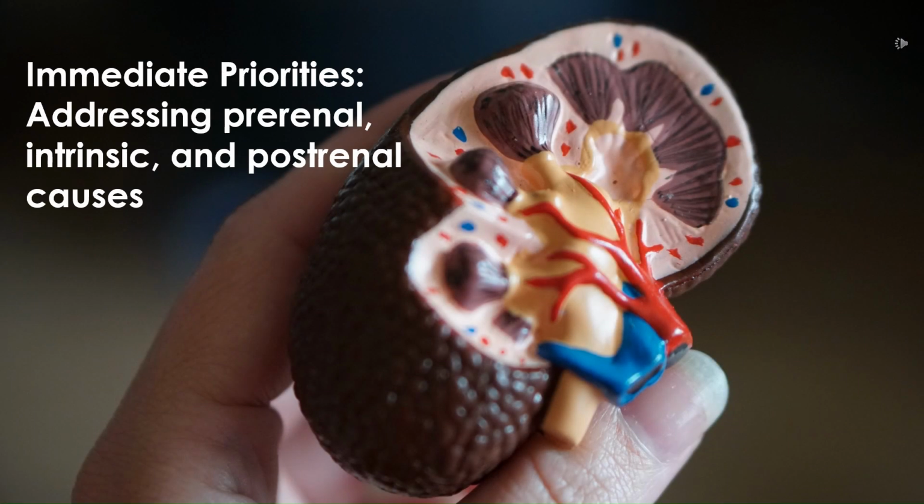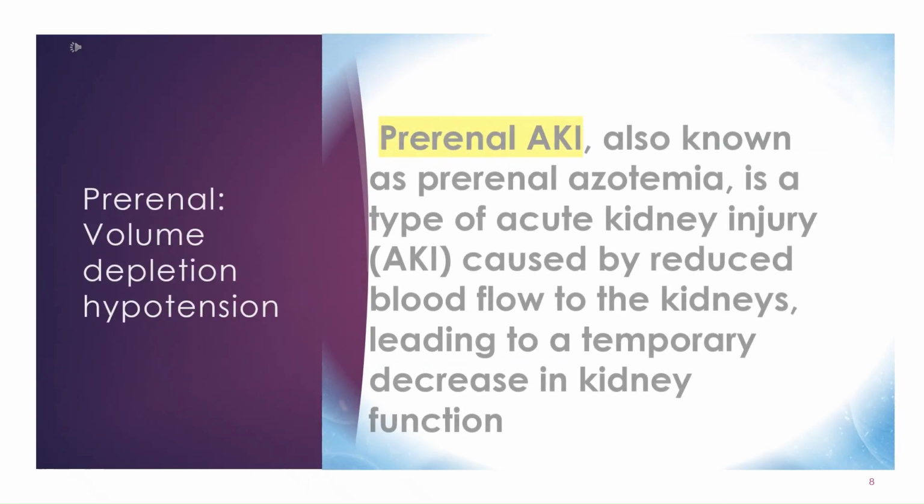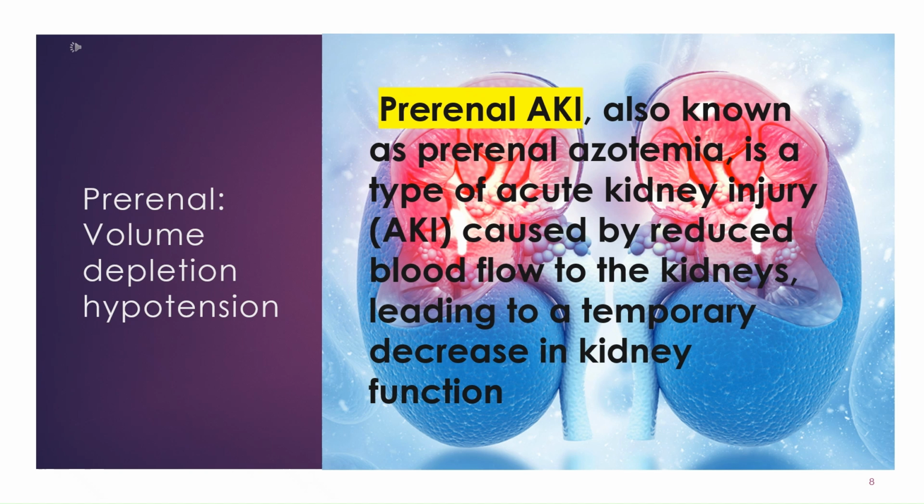Let's discuss the next guideline, which is the immediate priorities, addressing pre-renal, intrinsic, and post-renal causes. Pre-renal, which is addressing volume depletion and hypotension. Pre-renal AKI, also known as pre-renal azotemia, is a type of acute kidney injury caused by reduced blood flow to the kidneys, leading to a temporary decrease in kidney function.